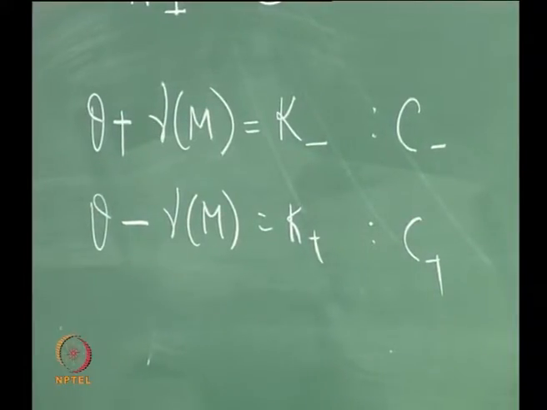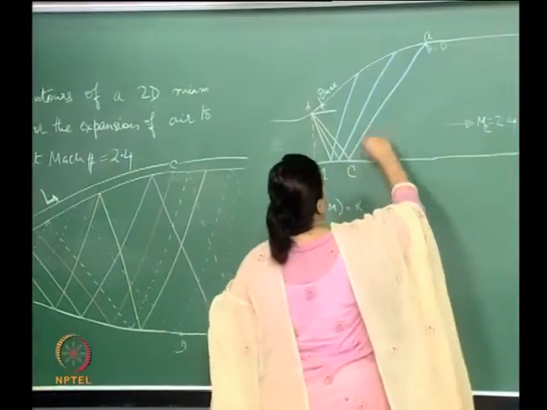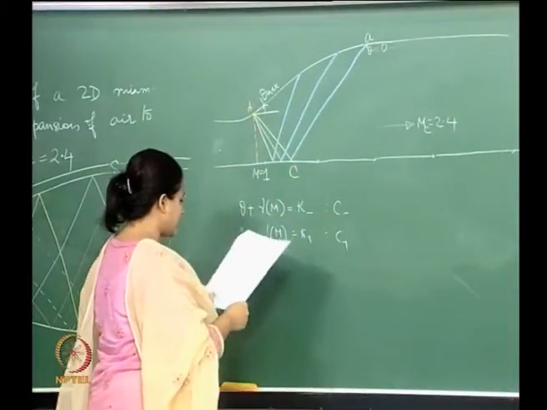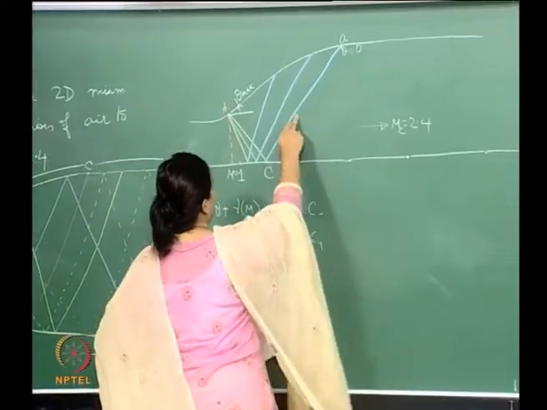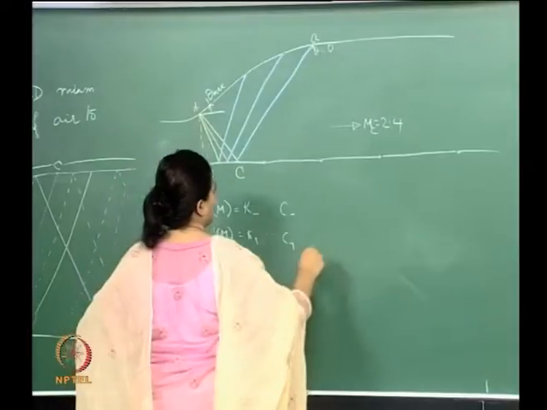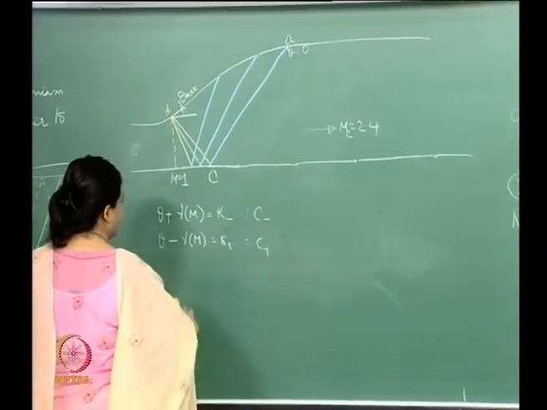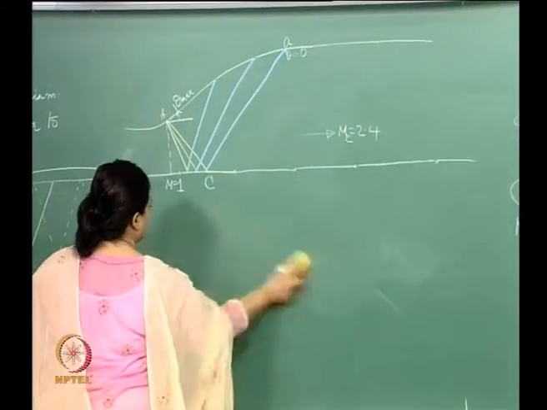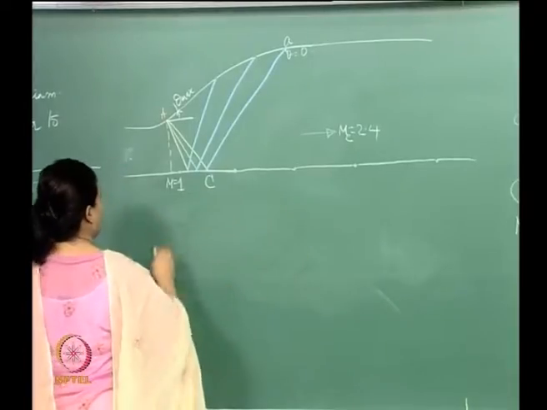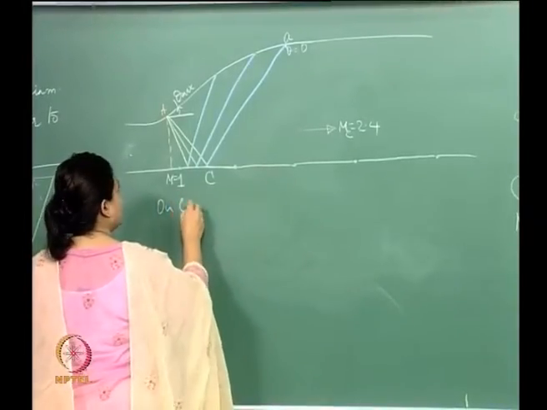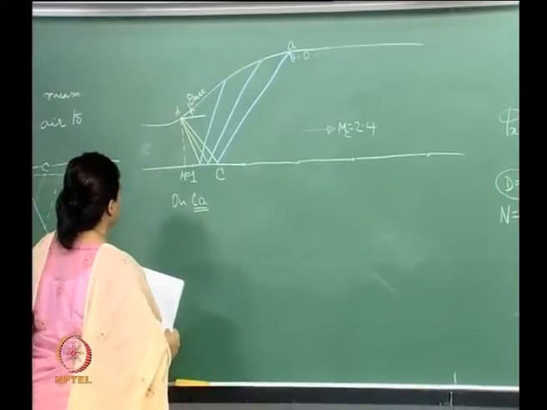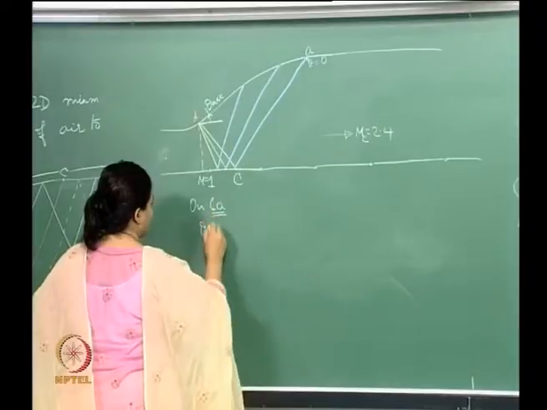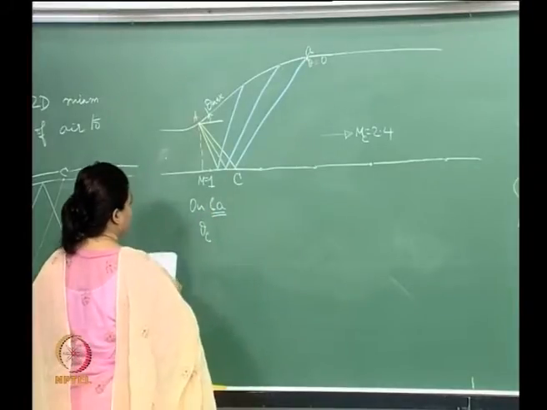So based on that, along this characteristic, say on CA, which is a right running characteristic, we can write theta c.